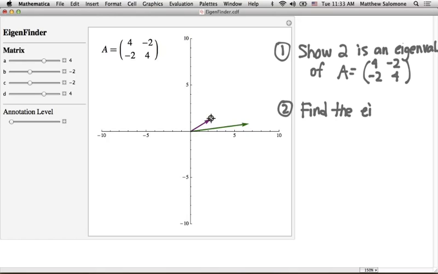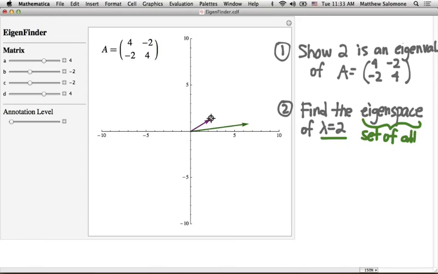Now, what's an eigenspace, by the way? How does it relate to our discussion of eigenvalues and eigenvectors? Right, it's the set of all solutions to that eigenvalue-eigenvector equation associated with this eigenvalue.